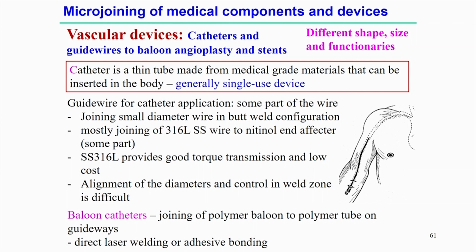If you look at the figures, a guide wire or catheter is basically a kind of wire or a kind of hollow tube. The size and shape may vary according to the application, with different functionality for the different components of a complete medical device.